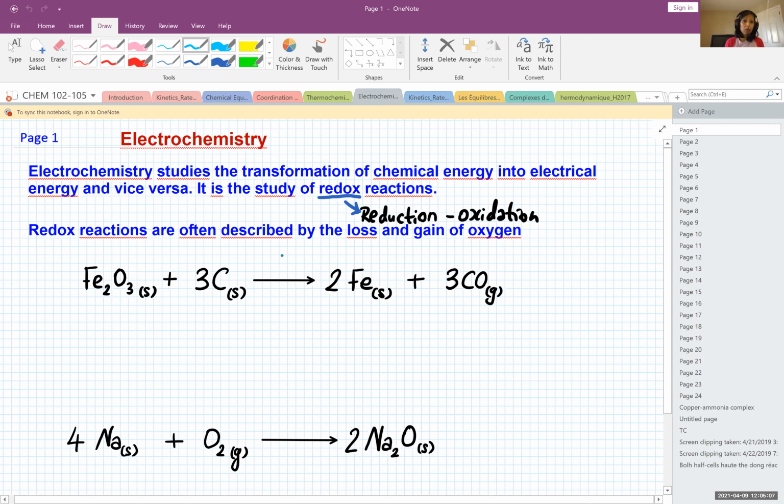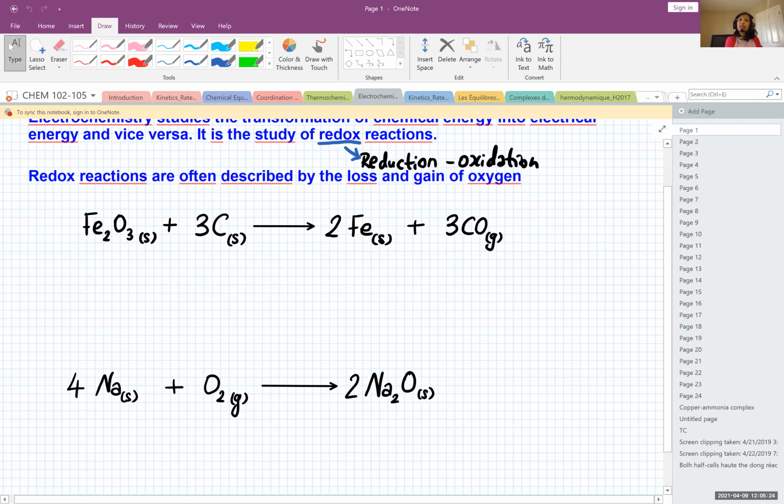What we are doing here is based on what we call redox reactions. Redox is simply short for reduction and oxidation. When chemical reactions take place, if there is an oxidation in that reaction, there has to be a reduction also.